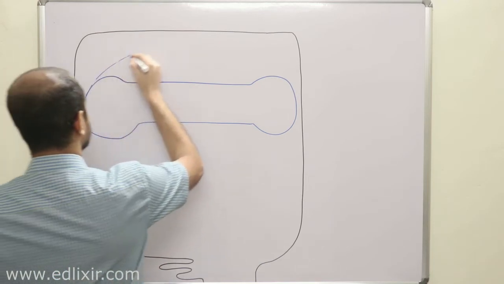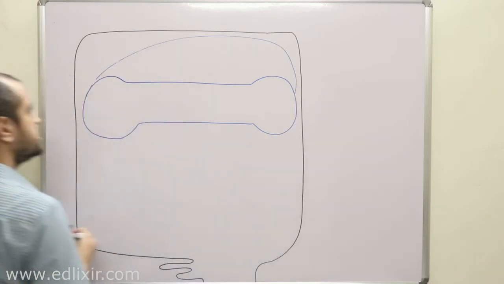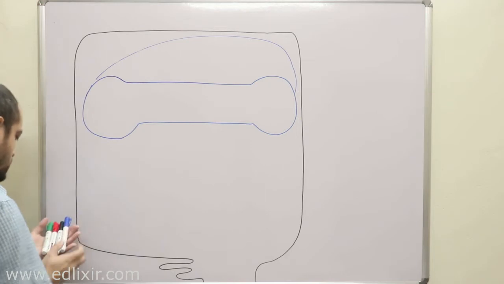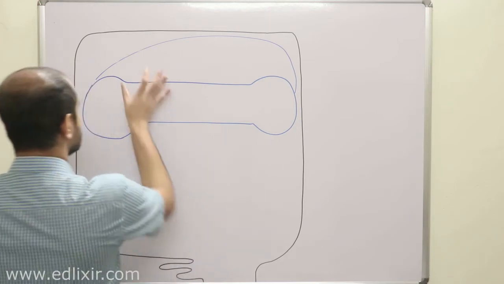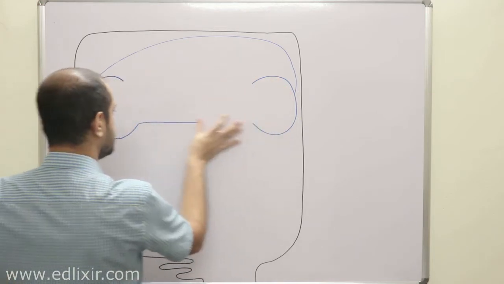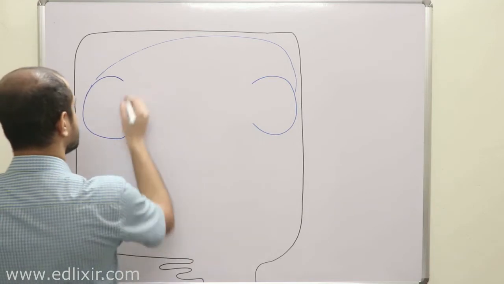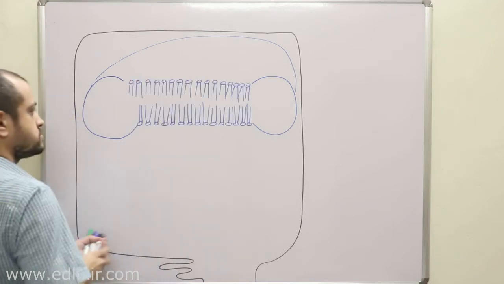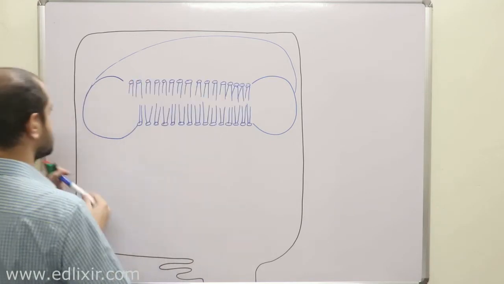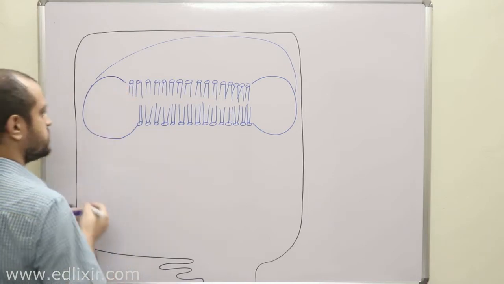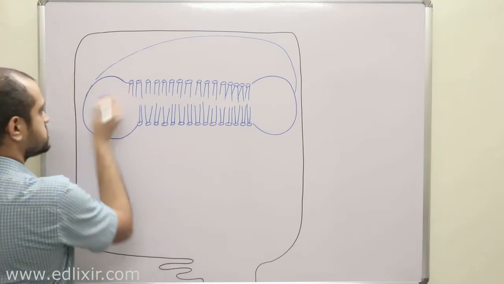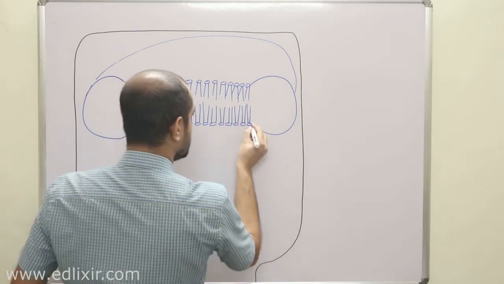This is your disc, right? Now a very interesting part you need to understand here is this. Suppose we redraw this part at least. So suppose this is the disc membrane, okay? Suppose this is the disc phospholipid bilayer, okay?